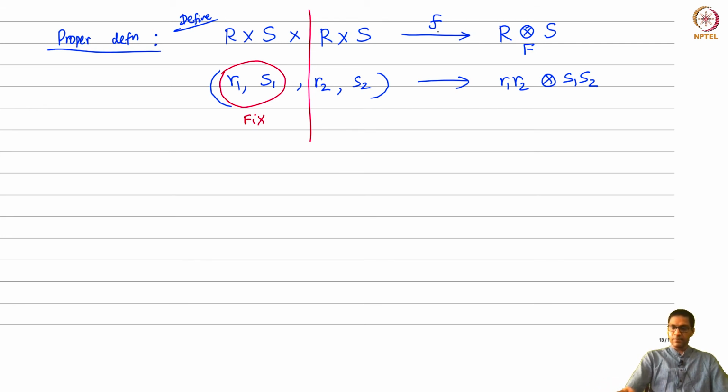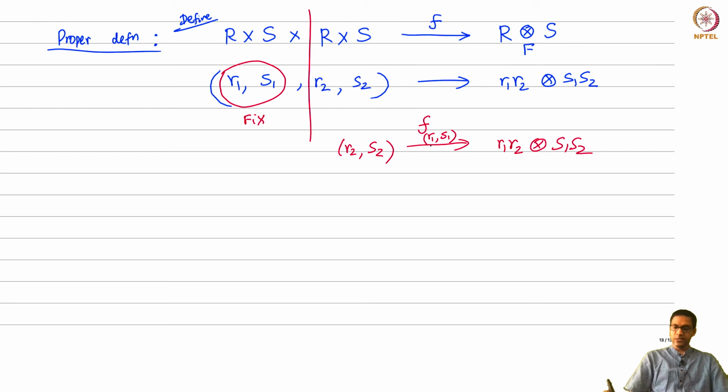So this overall map is called F, but this map which I get when I fix an R1 and S1, this map sends R2, S2 to R1 R2 tensor S1 S2. Let me give this a name. I'll call it F sub R1 S1. So I'm fixing R1 and S1 and I get a map like this. Now what properties does this map have?